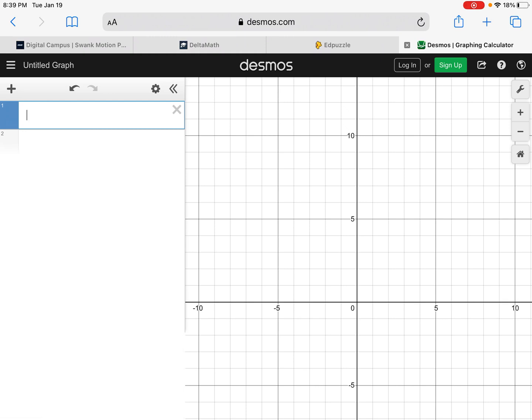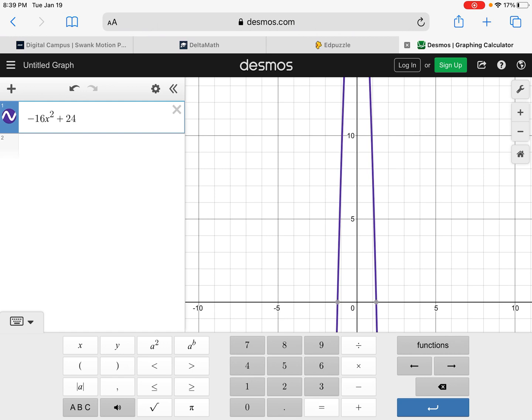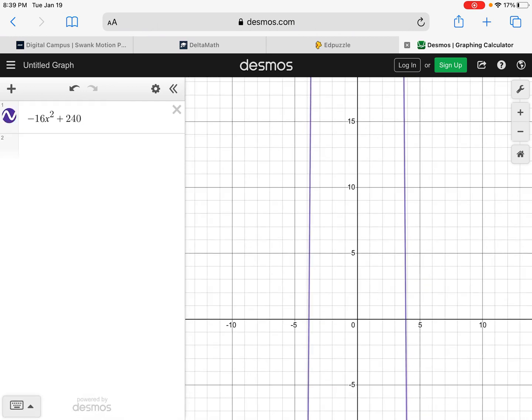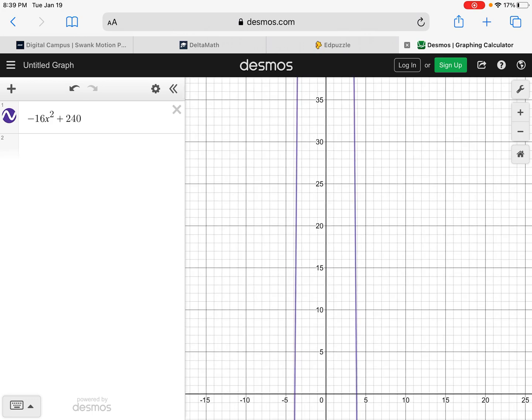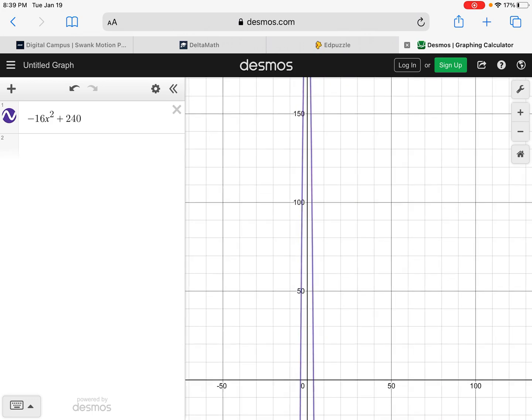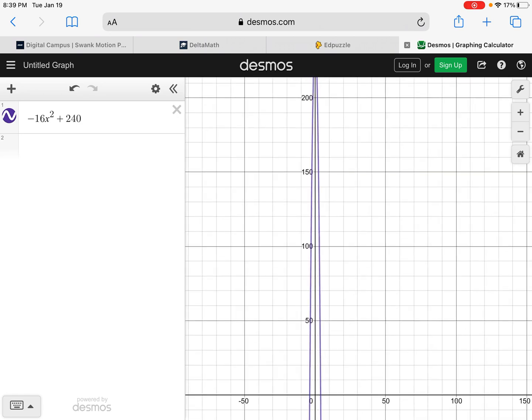And instead of t, I'm going to use x, okay? So negative 16x squared plus 240. Now go ahead and manipulate your graph so that you can actually see a parabola.